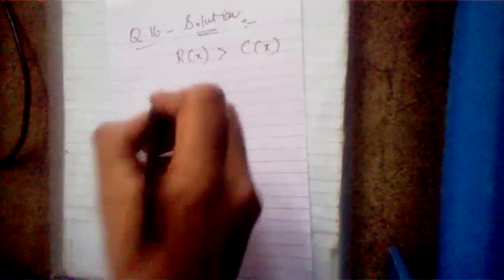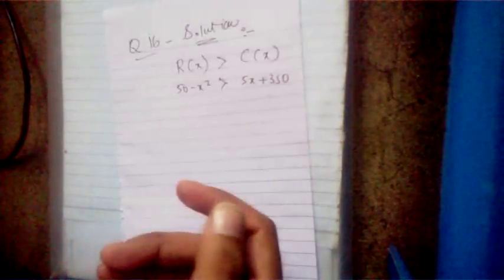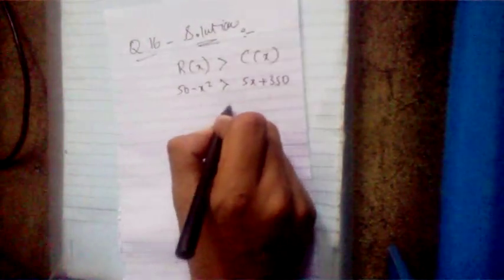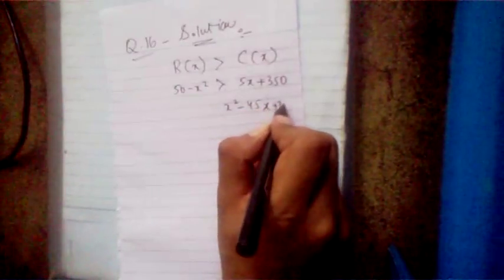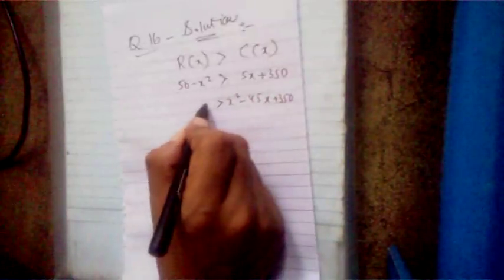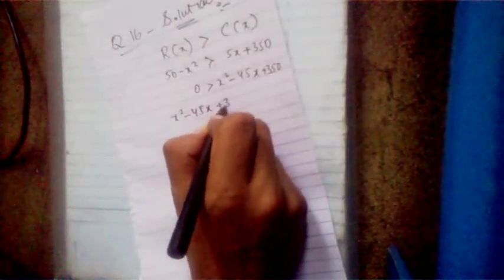Upon substituting their value, you get 50 minus x squared, which is greater than 5x plus 350. After simplifying this inequality, you will get x squared minus 45x plus 350, and rewriting this inequality you will get x squared minus 45x plus 350, which is less than 0.